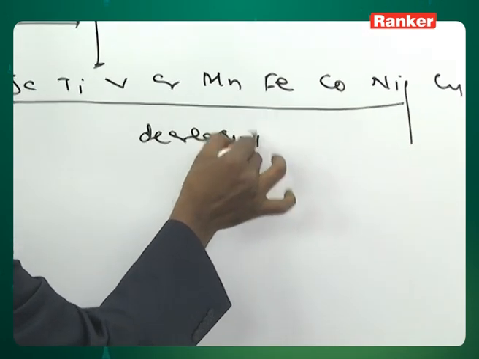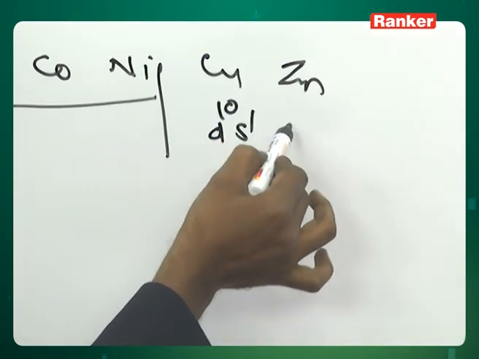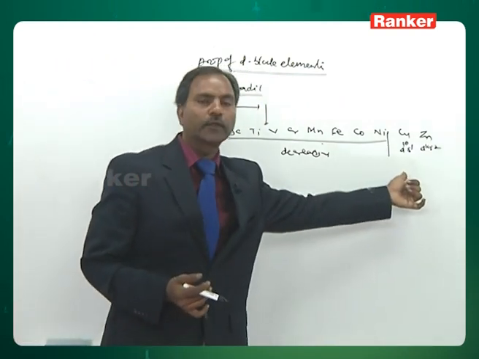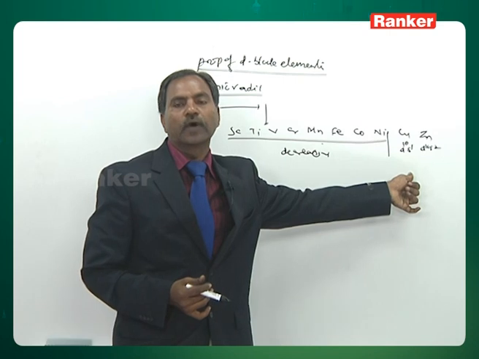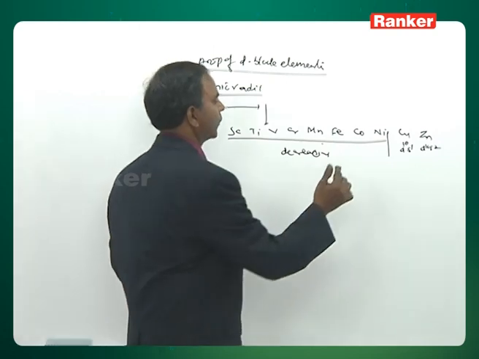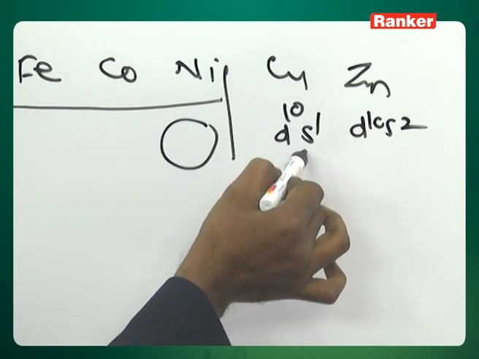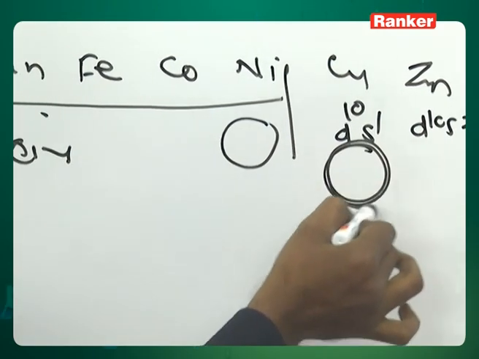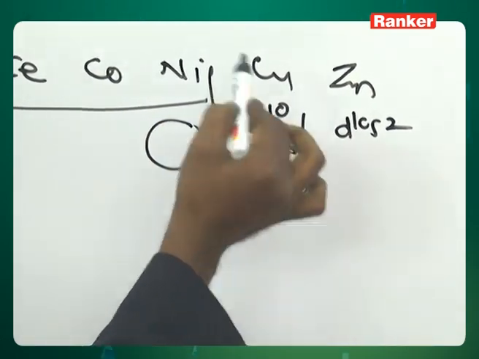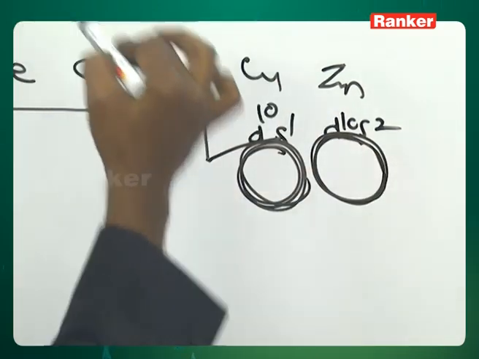But in the case of copper and zinc, what is the electronic configuration of copper? d10 s1, and for zinc d10 s2. In the case of copper and zinc, we clearly observe fulfilled orbitals. Where fulfilled orbitals are there, they have inter-electron repulsions and the electron charge cloud is expanding. Imagine nickel is this big, but in copper, due to fulfilled orbitals, inter-electron repulsions, the electron charge cloud expands.